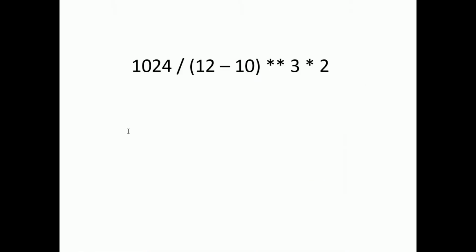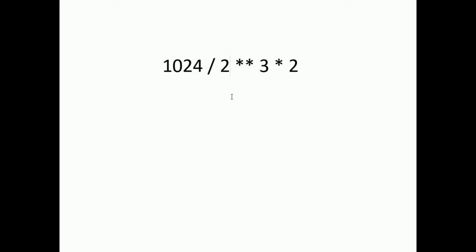Let's look at one expression and talk about the order in which it is computed. Here we have 1024 divided by, open paren, 12 minus 10, close paren, raised to the third power, times 2. The highest precedence here is the parentheses. So what is inside the parentheses, which is a subtraction, is computed first.